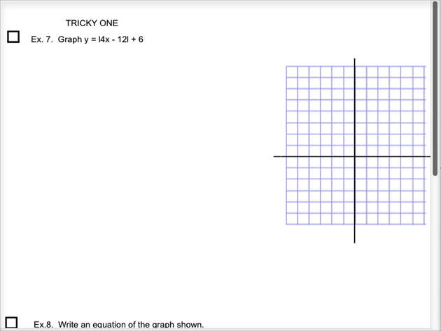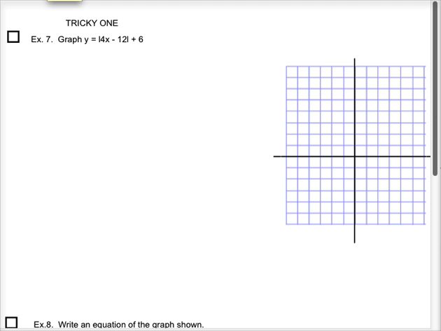Now, this one is a little bit trickier, okay? So let's say you have something more complicated inside your absolute value than just the shift. What that means, what you need to do is you need to pull out whatever you can. So what I mean by that, 4x minus 12. Now, both of those are divisible by 4.